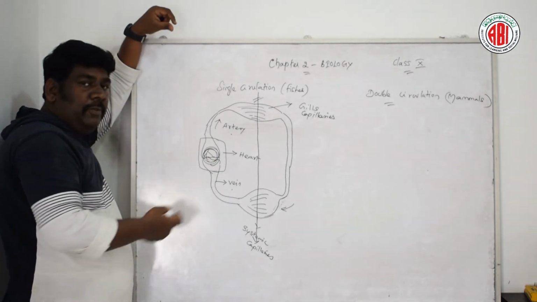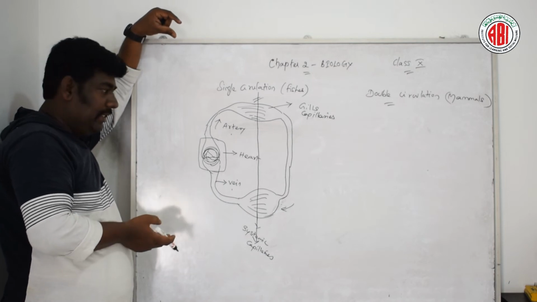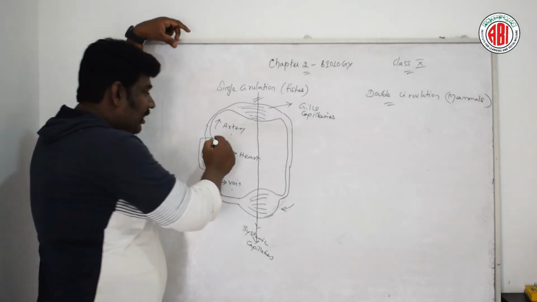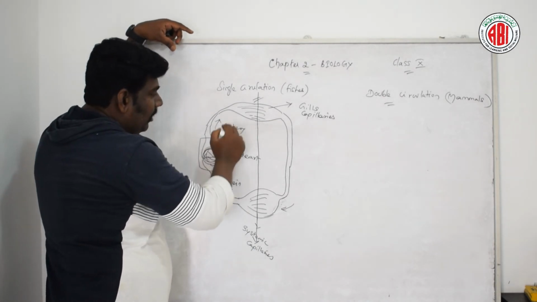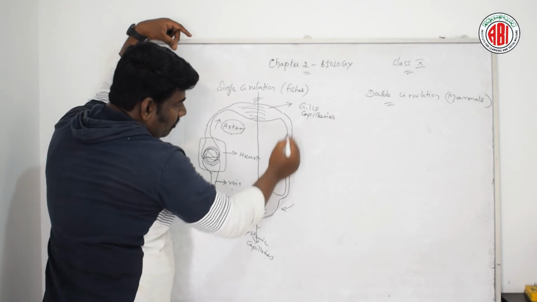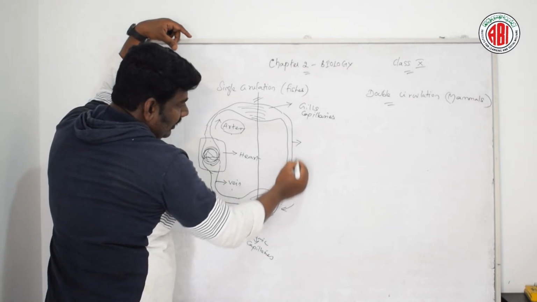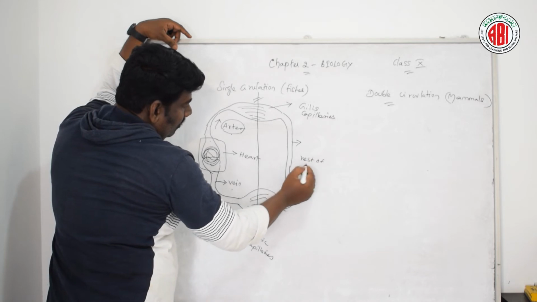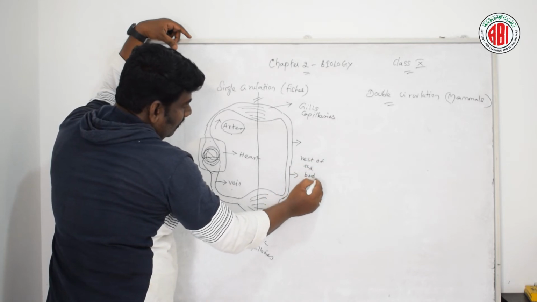The impure, deoxygenated blood becomes pure, oxygenated blood, and finally the blood is supplied through the artery to all parts of the body. So you could mention it as the rest of the body, all parts of the body.